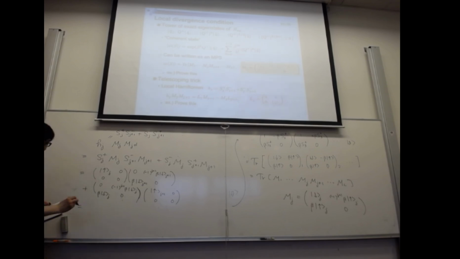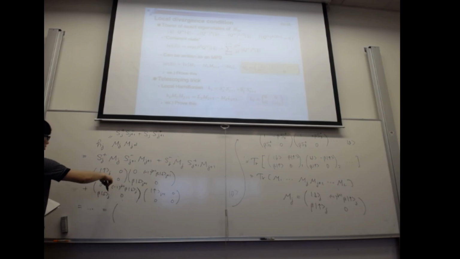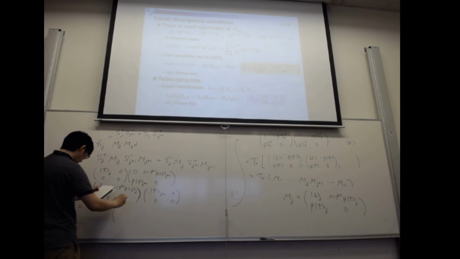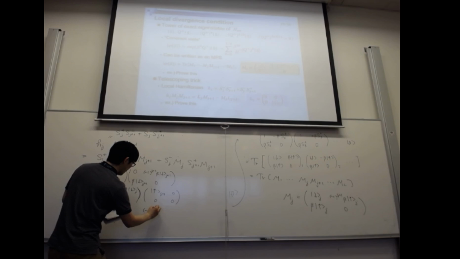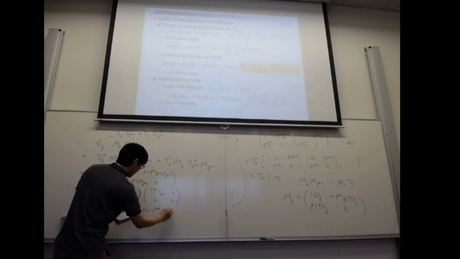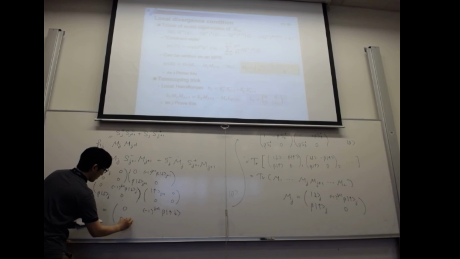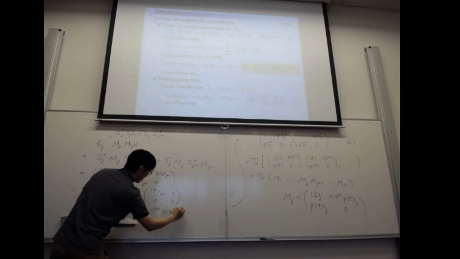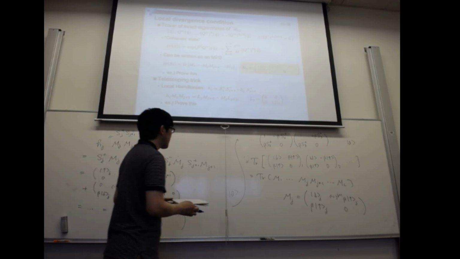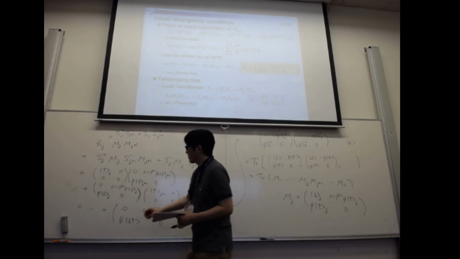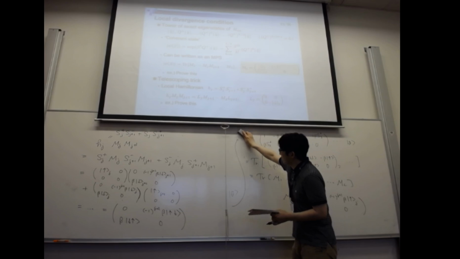Yeah, I don't think I have enough time to write everything, but anyway, if you compute this sum, you get 0. Yeah, this kind of diagonal matrix. And then you can compute the right-hand side of the derivation.